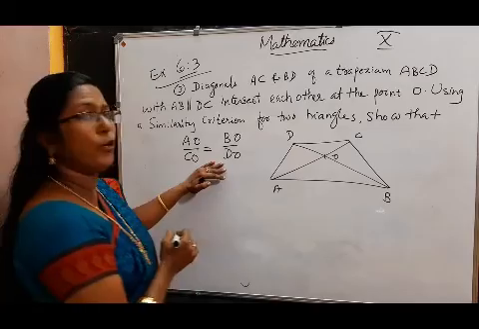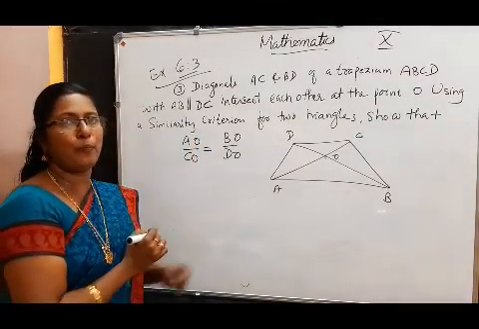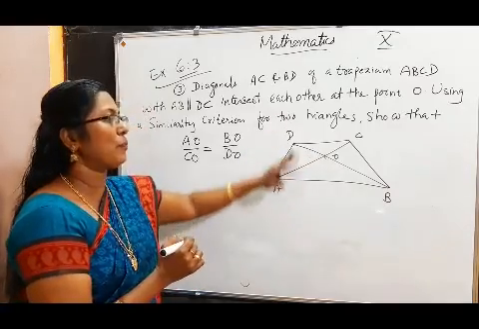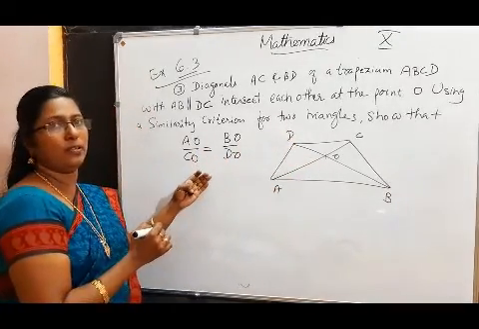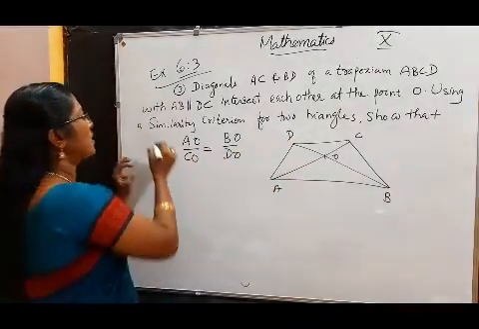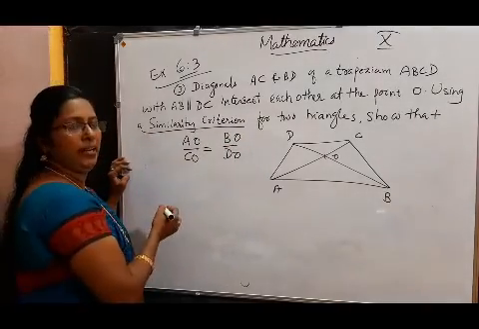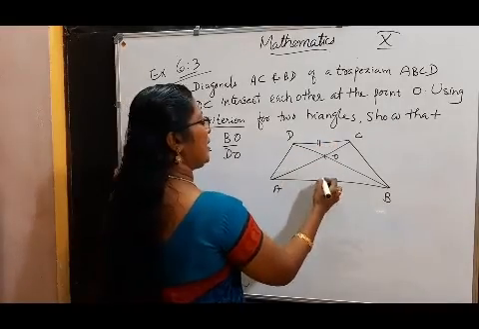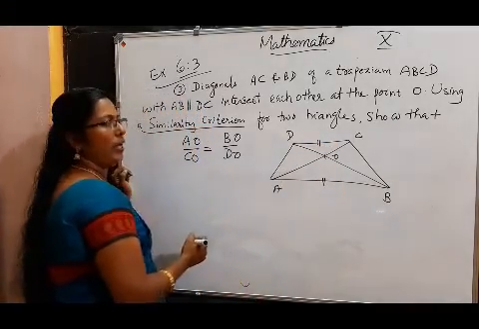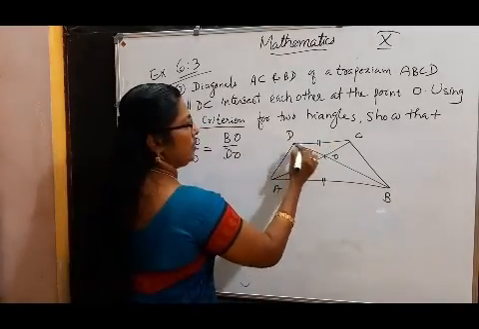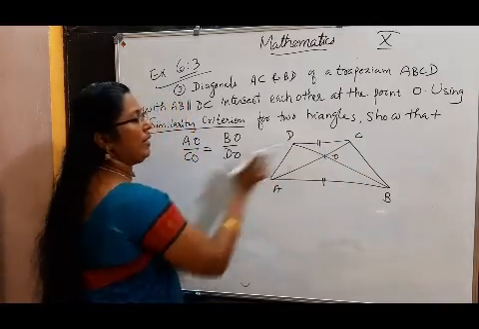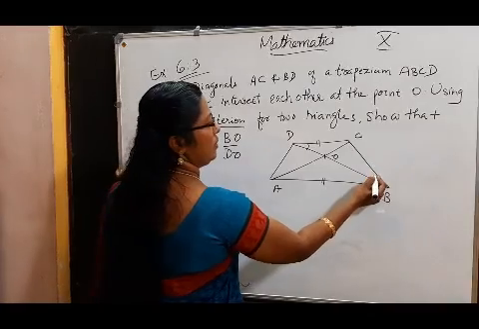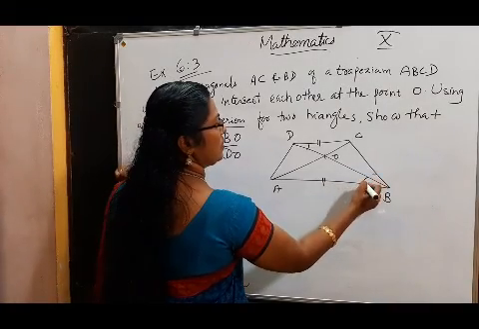In this question, we already proved it by constructing a parallel line and using the basic proportionality theorem. Here we want to prove it using the similarity criterion. Here DC and AB are parallel. What about the angles?